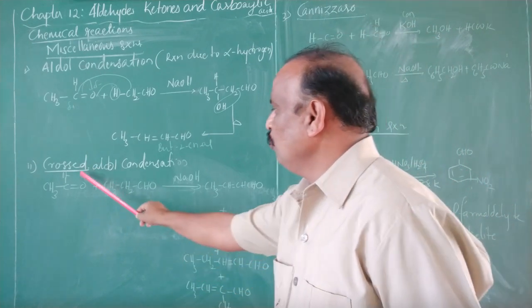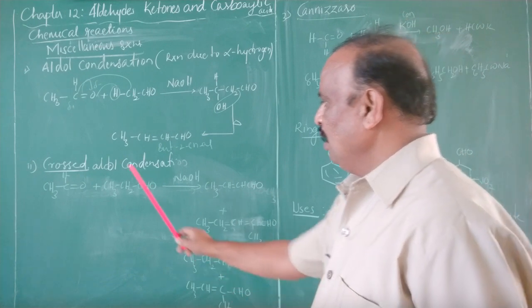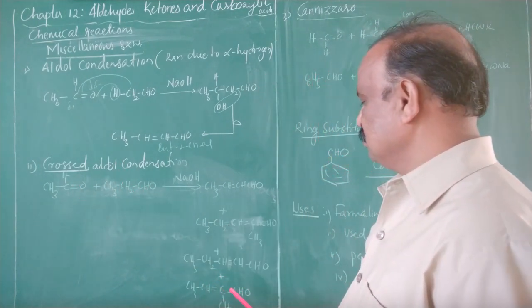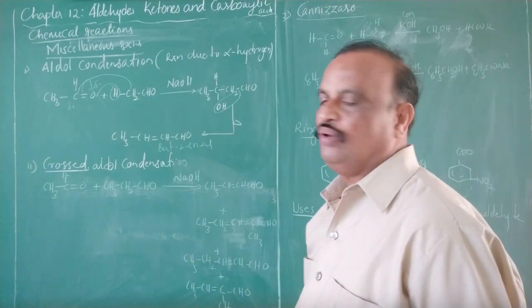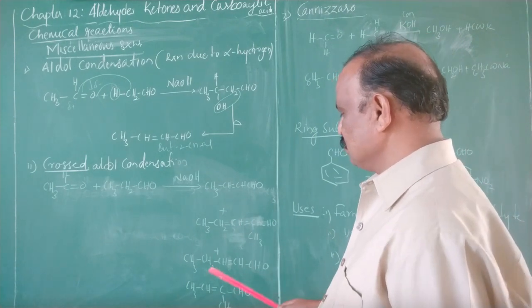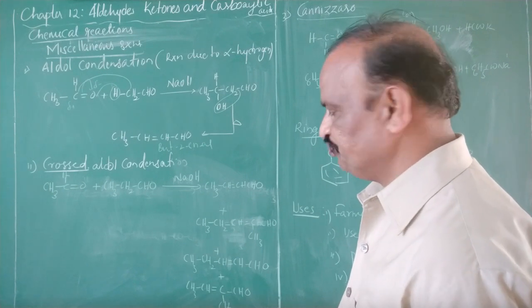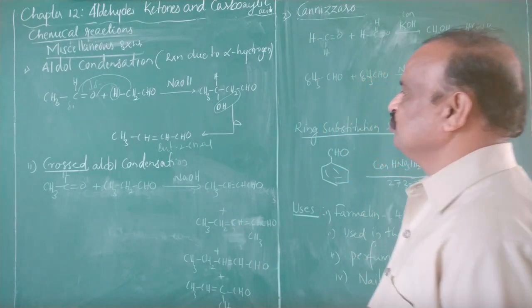Then 1 mole of this and 1 mole of this will give this product. First this molecule, then this molecule, when they get involved in the bonding, you will get this product. So like that, you will have the different condensation products here. You can name these slowly so that you will be in a position to understand that.